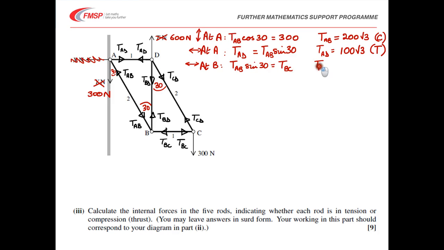So TBC is going to be 200 root 3. I'm sorry, I've made a mistake there. 100 root 3. Apologies.